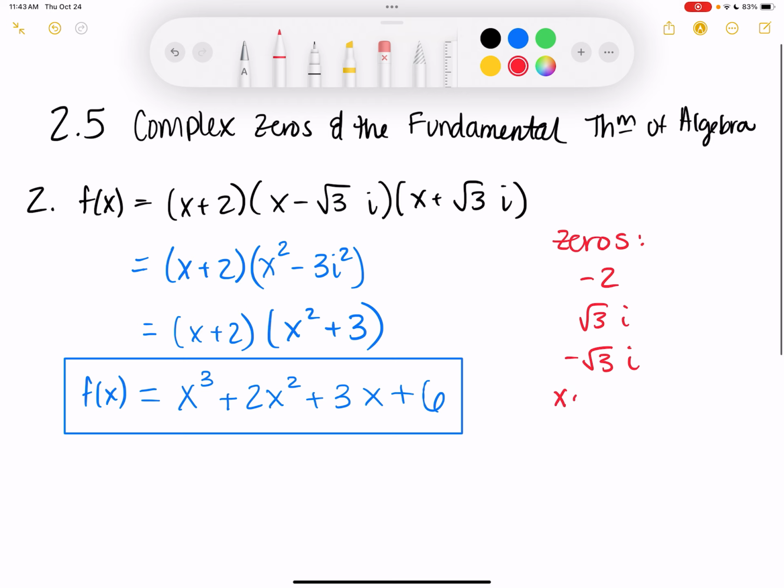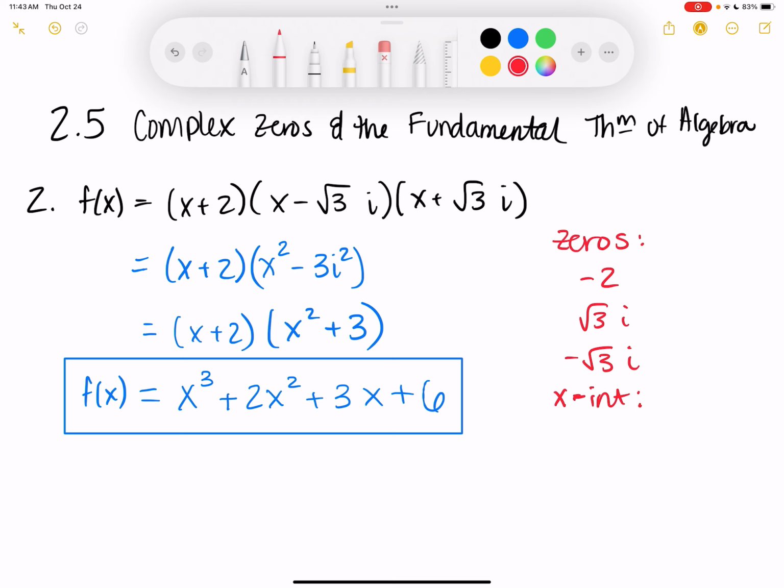And then x-intercepts would be where? Where does it cross the x-axis? What does a 0 mean? That hits the x-axis when it's graphed.